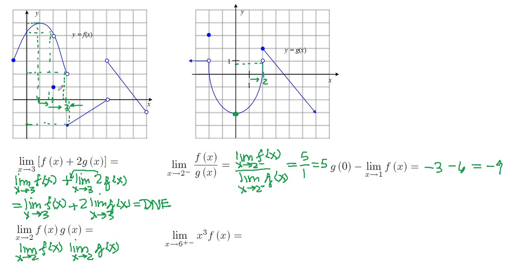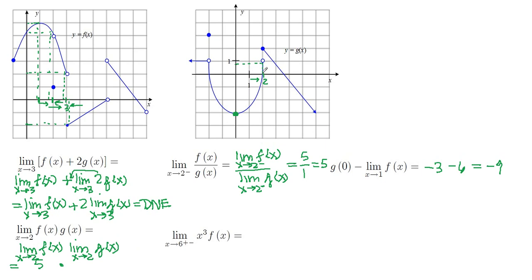So f of x, as x gets close to 2 either from the left or from the right, you go up to the function and over, and your function values are close to 5. So this piece is getting close to 5. And then the limit of g of x as x gets close to 2.